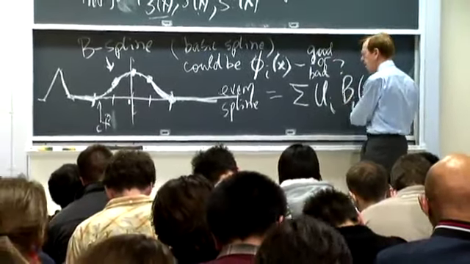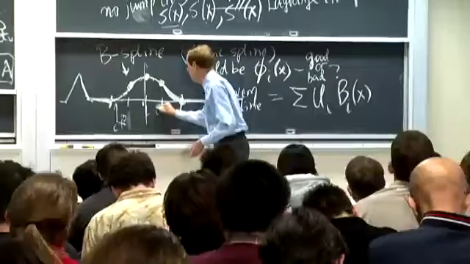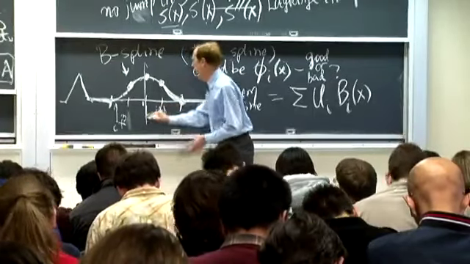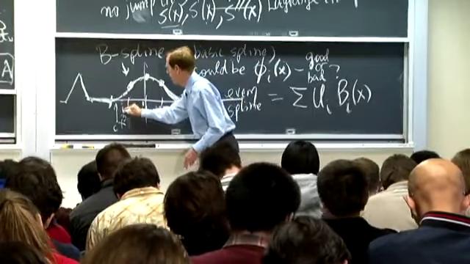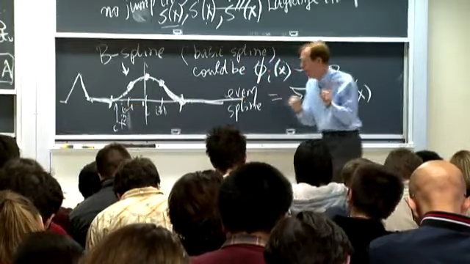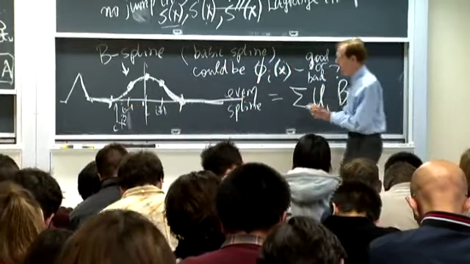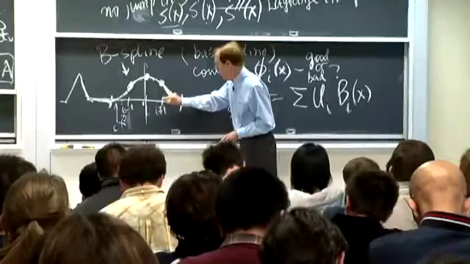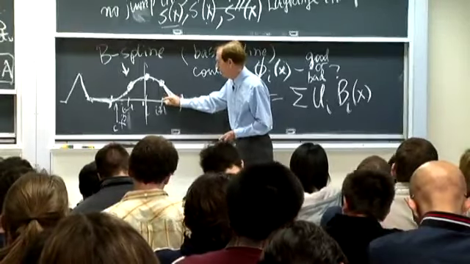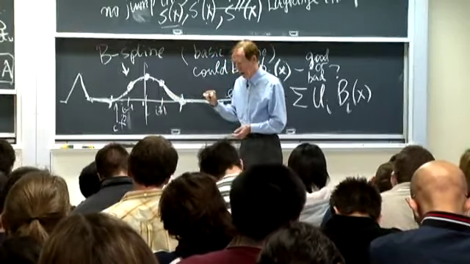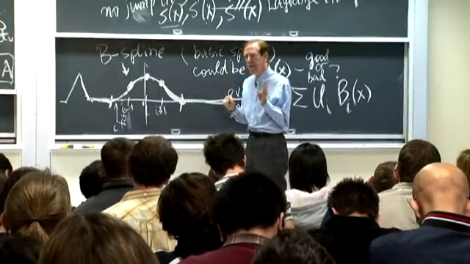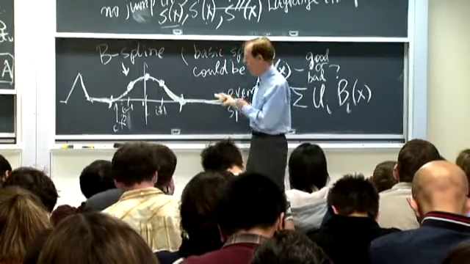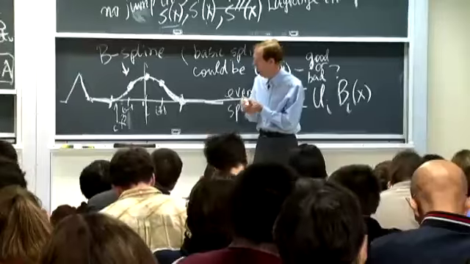And then there's a neighbor centered on node i plus 1, and a neighbor to the left centered on node i minus 1. What's the point? The point is that at a typical node i plus 1, three of these functions will be non-zero.